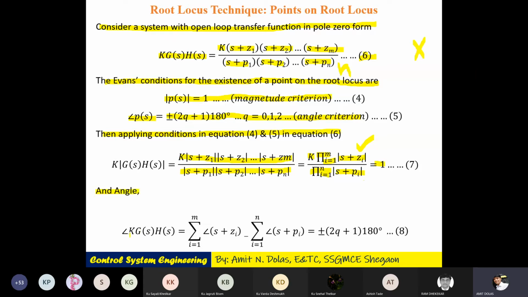And for the angle criterion, the angle of KG(s)H(s), the same characteristic equation, should be the summation of all the angles of zeros minus the summation of all the angles of poles, and that should follow this criterion, an odd multiple of 180 degrees.